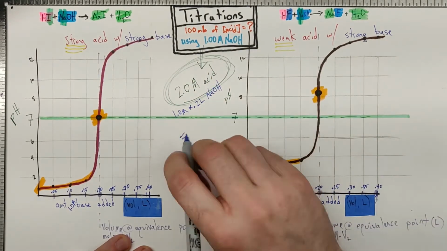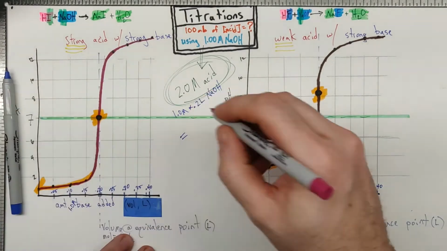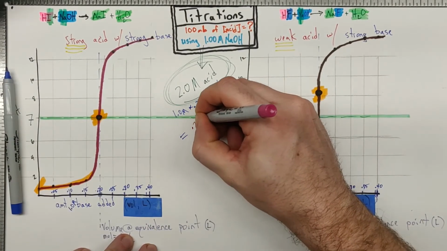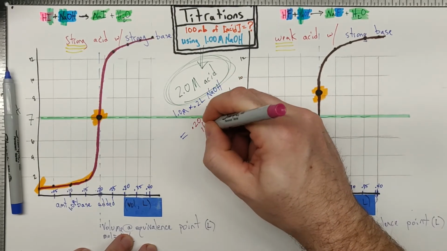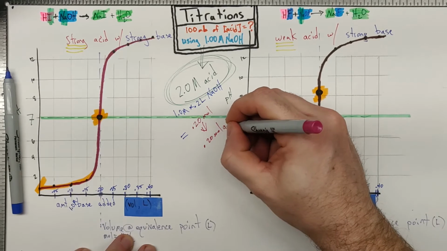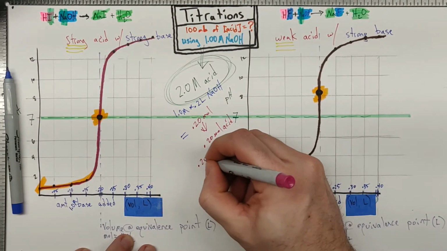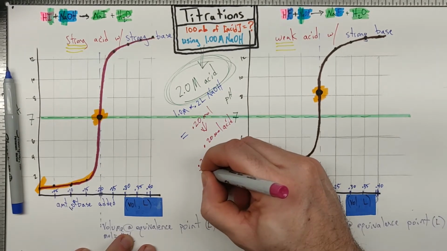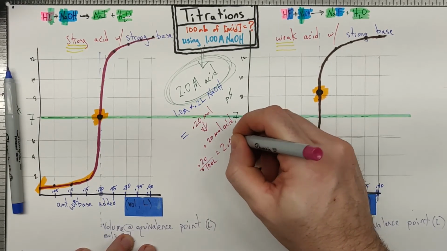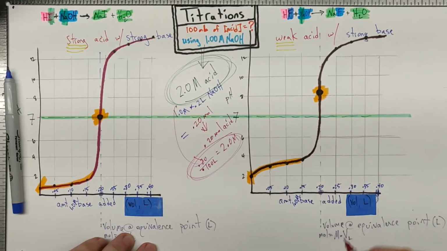And that's going to be equal to our number of moles, 0.20 moles. And that's going to be equal to our 0.20 moles of our acid. 0.20 over 0.100 liters gave us 2.0 molar. All right. Moles equals moles.